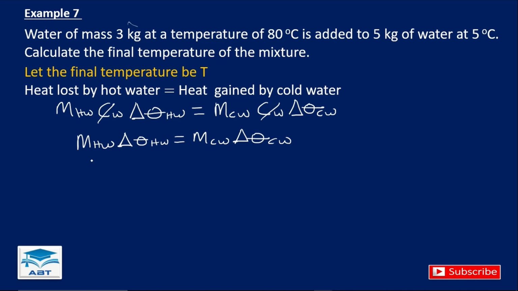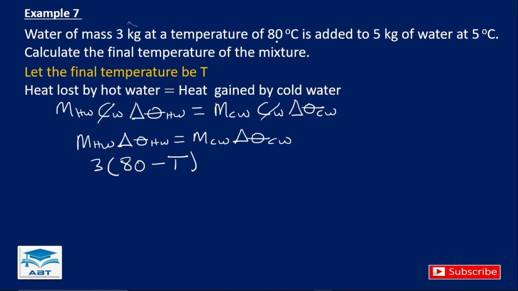So we have 3 here times temperature change. 80 degrees Celsius is hotter than 5, so this is the hot water and it's going to lose heat to the final steady temperature. So that will be the temperature change: 80 minus final temperature.